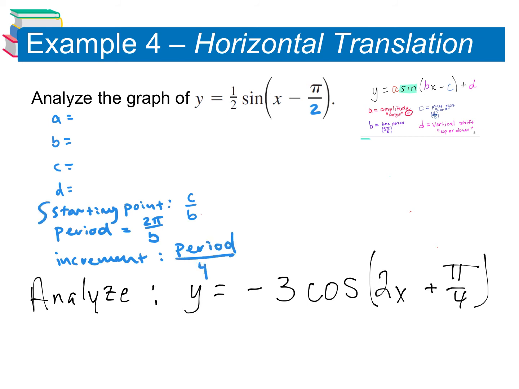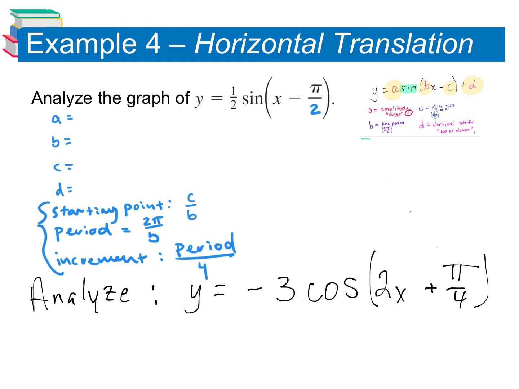So these are the 3 things that you really need to identify before you start graphing. And then just identifying what A, B, C, and D are will help you plug in here. So it helps that A, B, C, and D go in order.